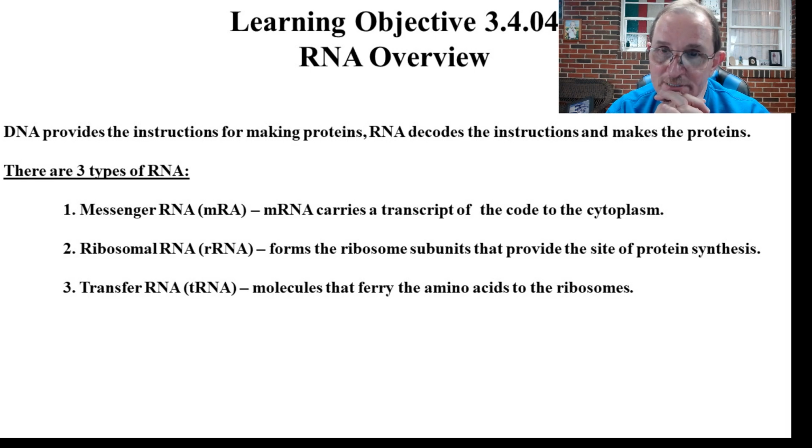Now the last kind that we really want to focus on is tRNA, you could call it transport RNA if you like, because it's really going to be the one that actually gets the amino acids and brings them to the ribosomes. We're going to see how this all comes together in just a minute, guys. But I got to tell you about the little pieces first before we go too deeply in this.